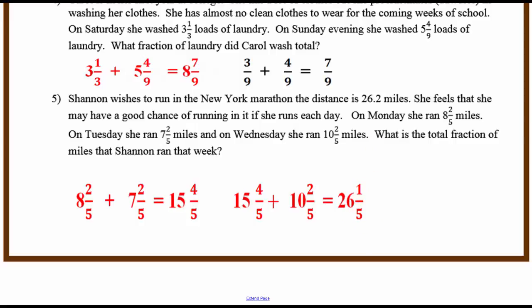Let me write this down so I can see this a little bit clearer. Okay, so we have 4/5 plus 2/5, and that's going to be equal to 6/5, which is called an improper fraction, right? So if you have 5/5, that's an extra 1, right? And you have 1/5 left over. So 25 plus 1 is 26, and we have 1/5.